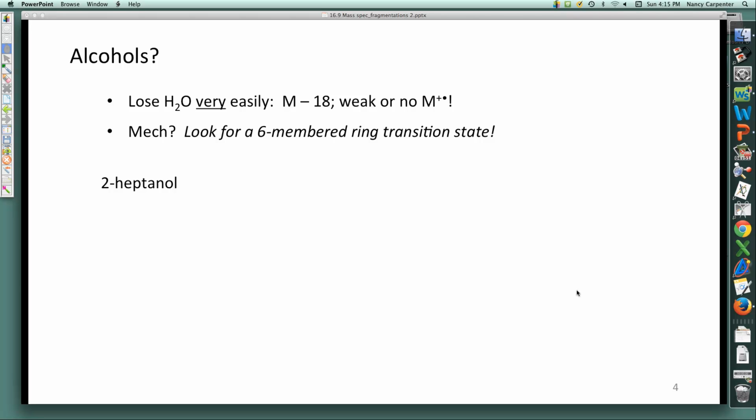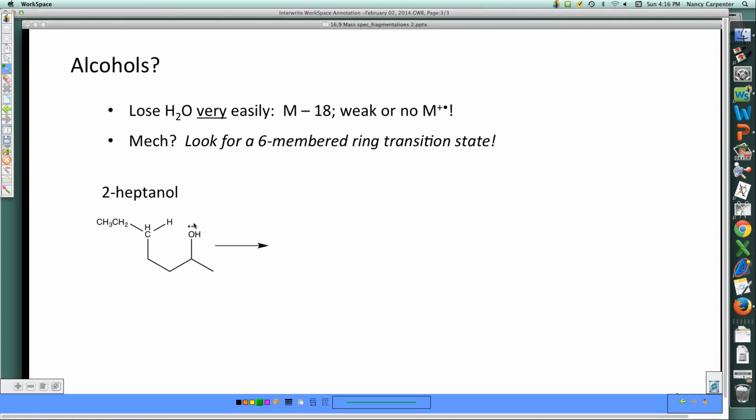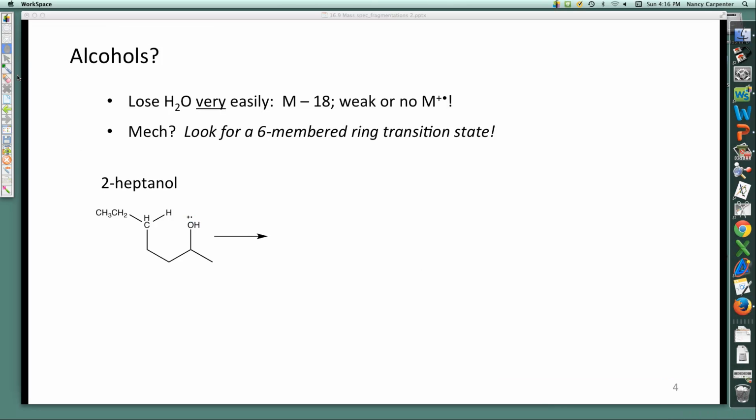So for example, if we look at 2-heptanol, here is the structure of 2-heptanol, and as previously, we've lost the odd electron off of the lone pair, so our molecular ion has localized the odd electron right on that oxygen. And then what?